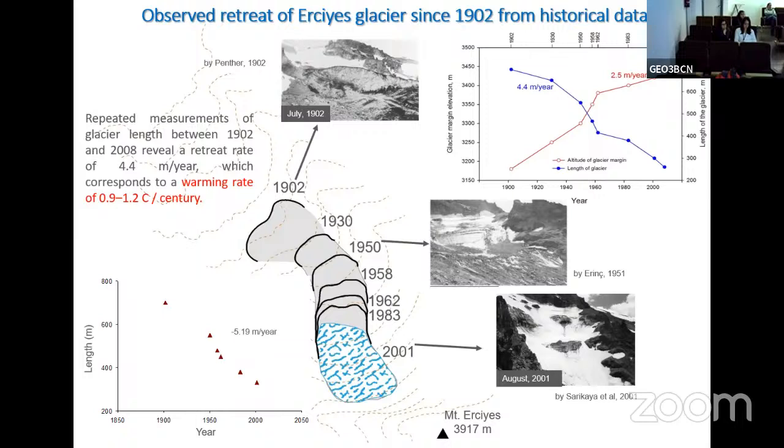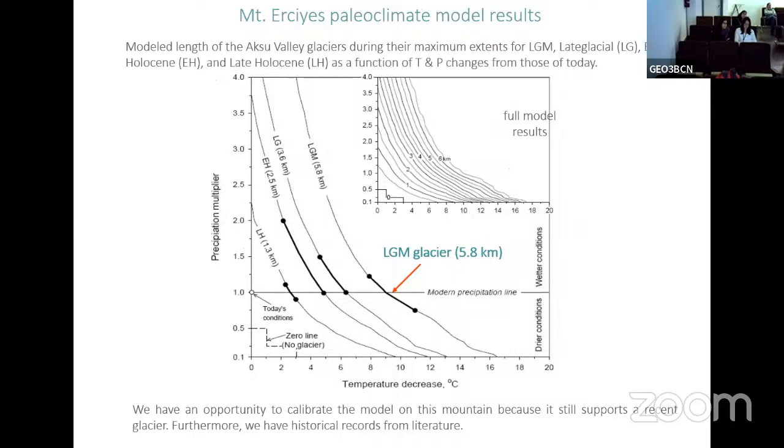So you can calculate the melting rate of this glacier. To form those LGM glaciers, here again, if you run the model, you can run it for any time interval you want. With the same precipitation as today, you need to have like 8 to 9 degrees Celsius of temperature drop to form those glaciers in those times.